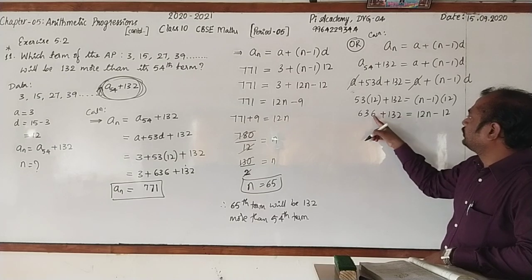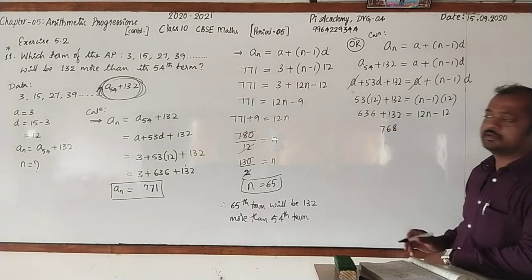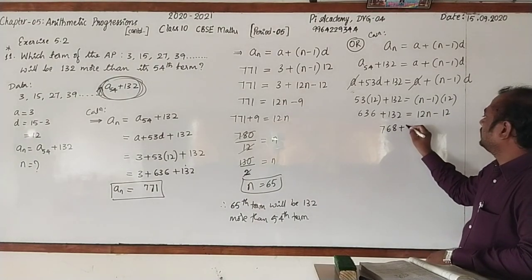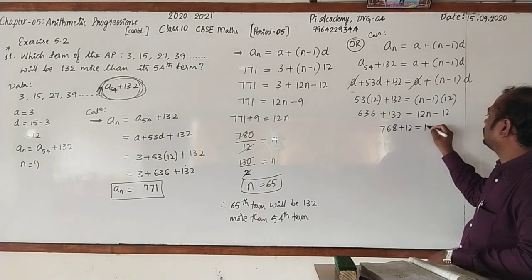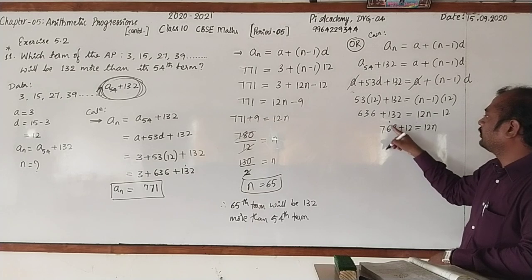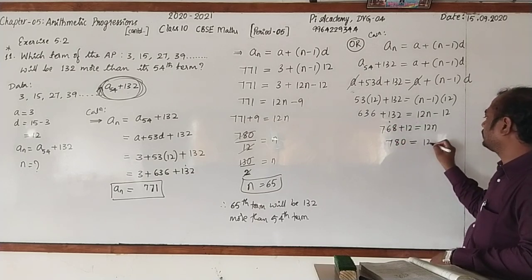Add these two: 2 plus 6, 8, 3 plus 3, 6, 6 plus 1, 7, 768. Transfer minus 12 to the left hand side, it becomes plus 12 is equal to 12n. Add these two: 8 plus 2, 10 carry 1, 1 plus 6, 7, 7 plus 1, 8. It is 780 is equal to 12n.